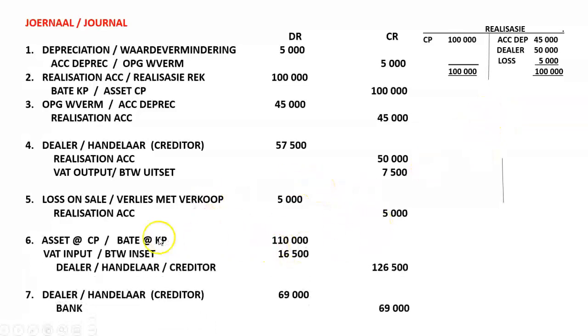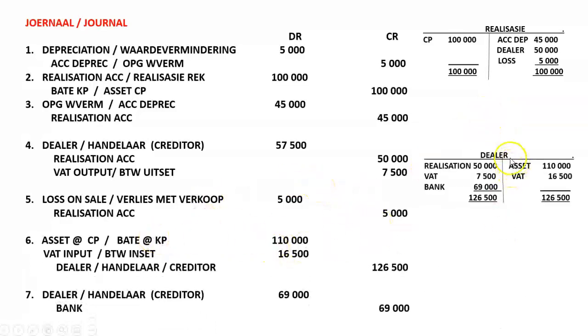Then we're going to account for the new asset. Now, the dealer, he owes us 57,500. Here I just split the 57,500 so that you can see exactly how it was posted. 50,000 went to the asset disposal account, 7,500 went to the VAT output account.